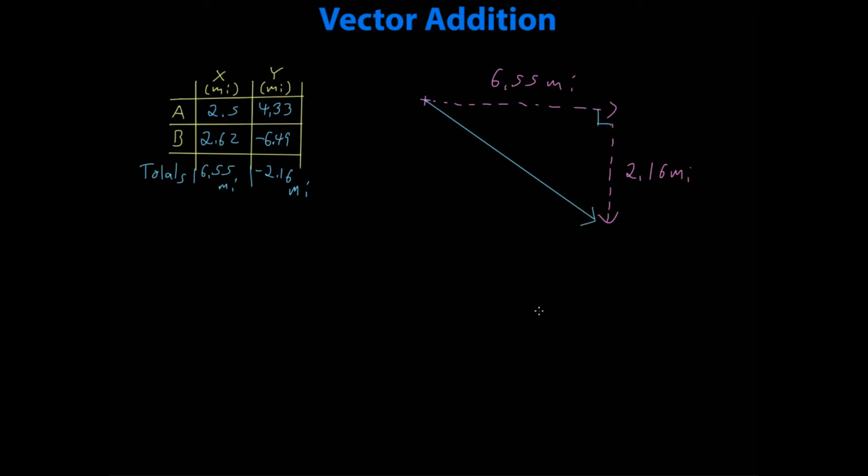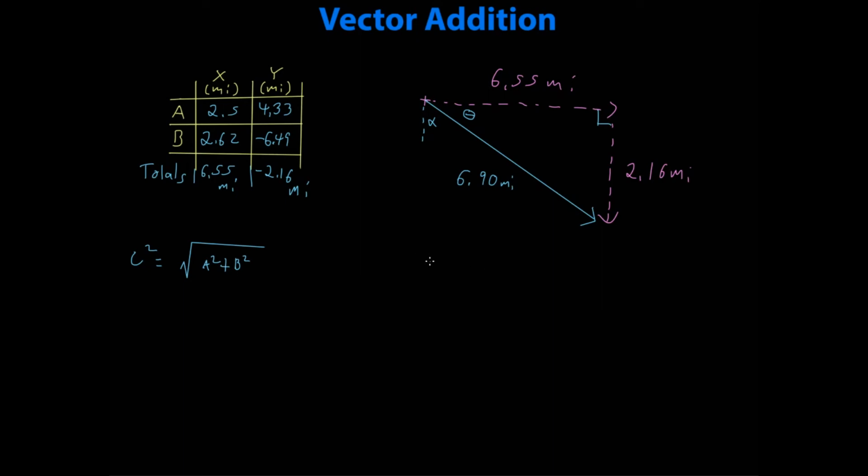So Bluebeard needs to walk somewhere in the southeast quadrant, but again, we need an exact distance and an exact angle, which I'm going to place here. Side note, I also could go off the negative y if I wanted to, and I'll show you both. First, I will use Pythagorean's theorem to get the hypotenuse here, which will be 6.90 miles.